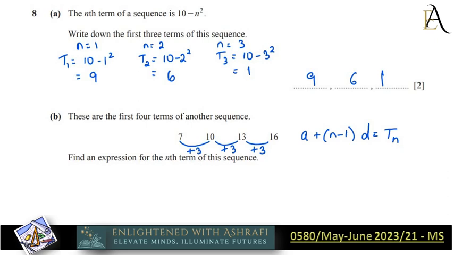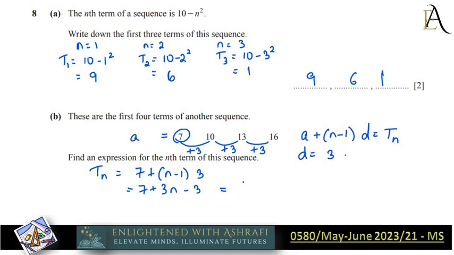So the first term is A, d over here is 3, therefore let's put it into the formula, that is 7 plus n minus 1 times 3, which gives me 7 plus 3n minus 3, therefore I get 4 plus 3n.